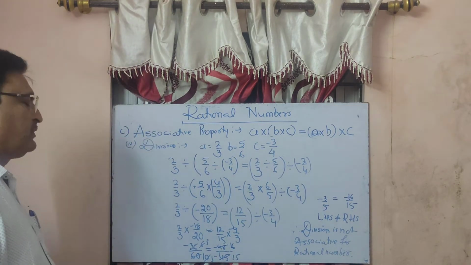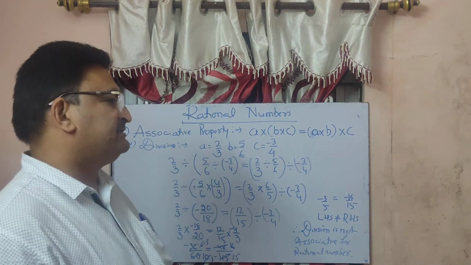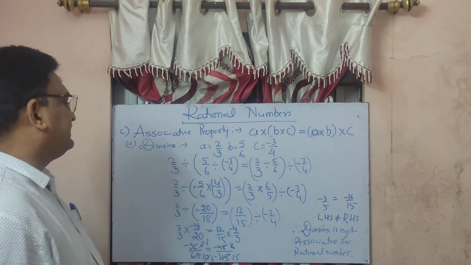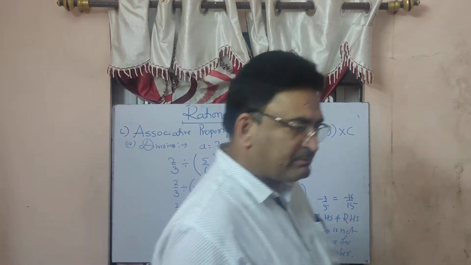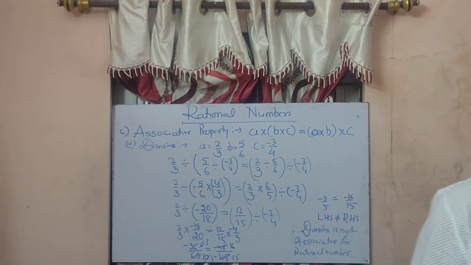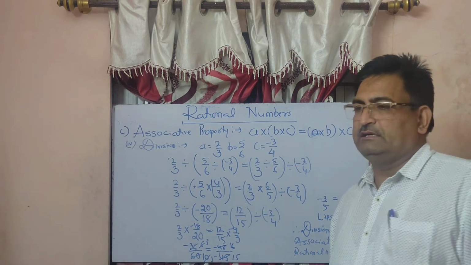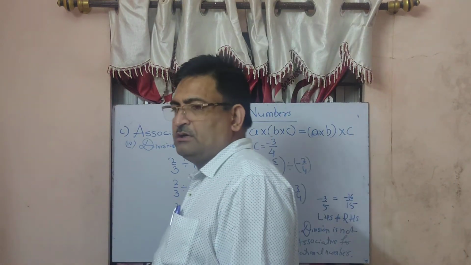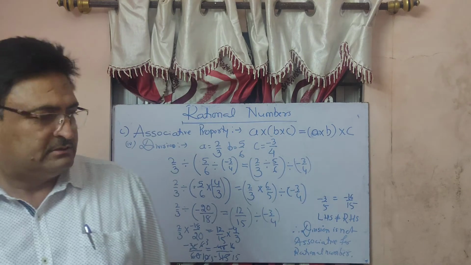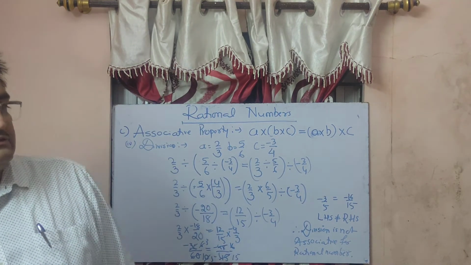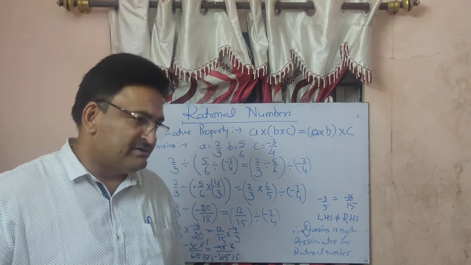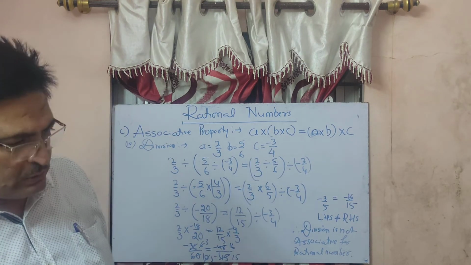So now we have completed the three properties. The first property is closure property. In closure property, division is not closure.